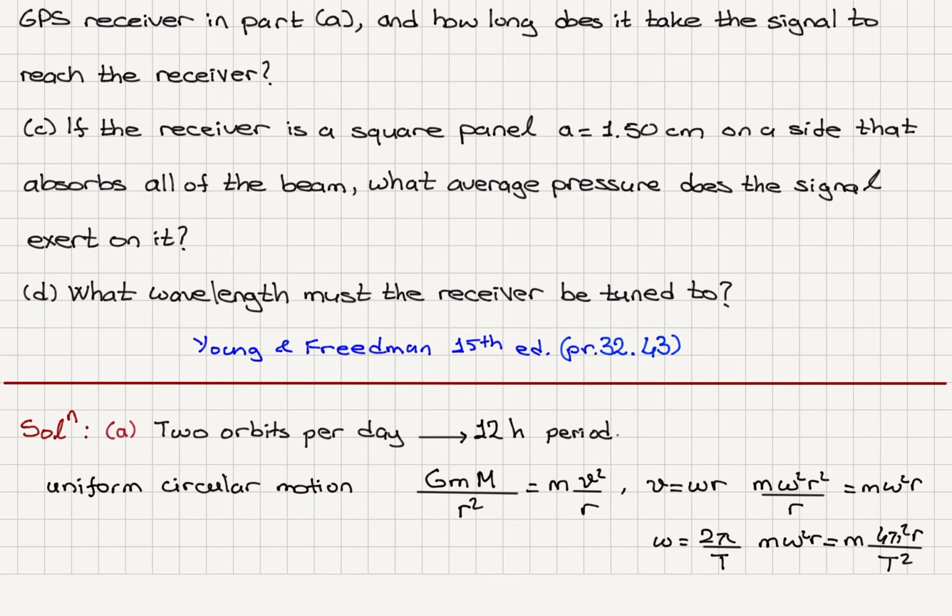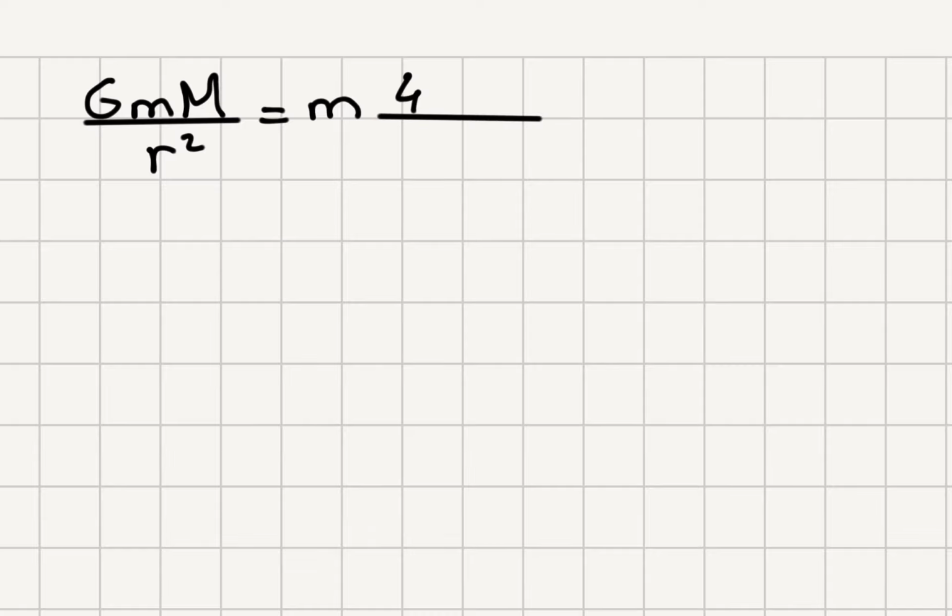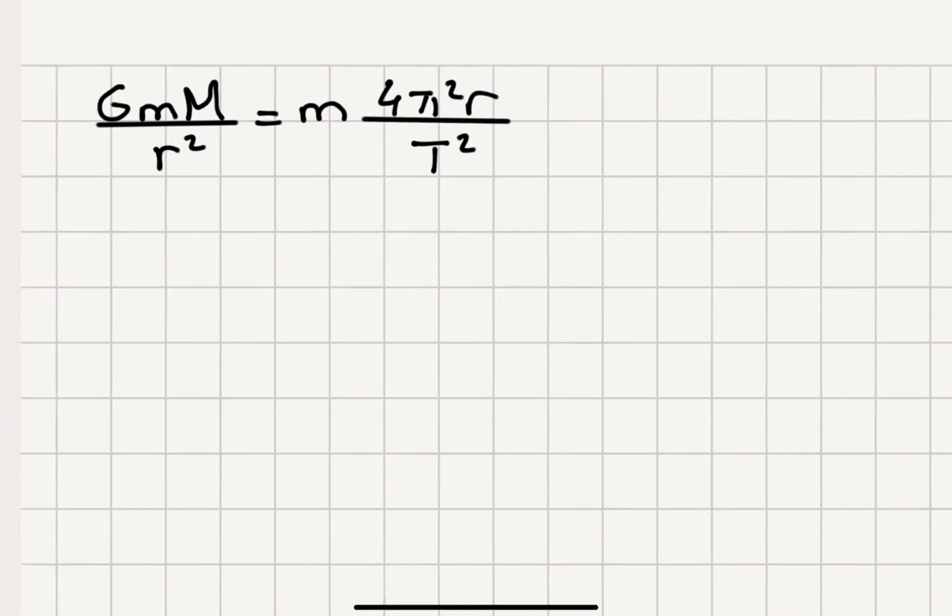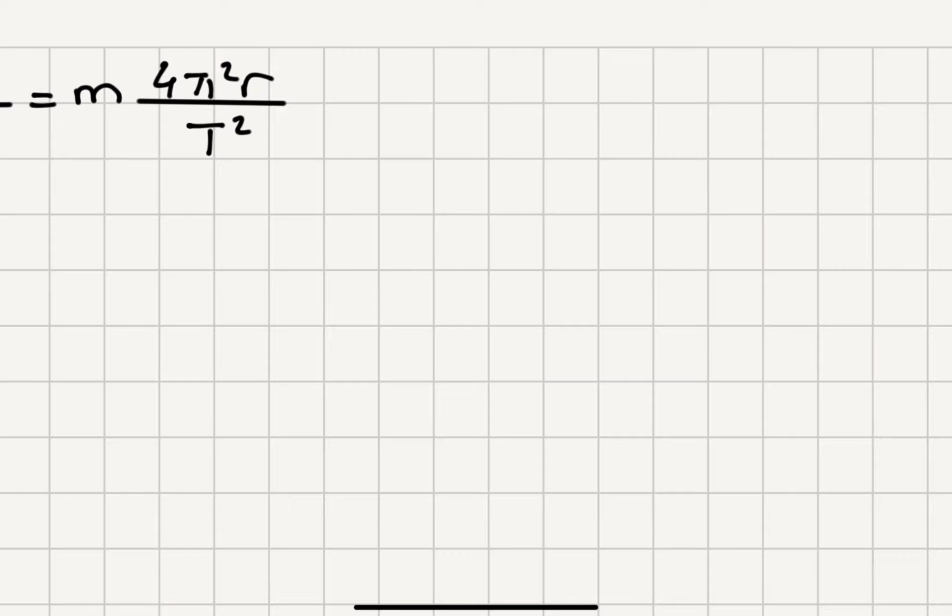Okay, now if I substitute this into the gravitational force, I will obtain G m capital M over r squared is equal to m 4 pi squared r divided by the period squared.